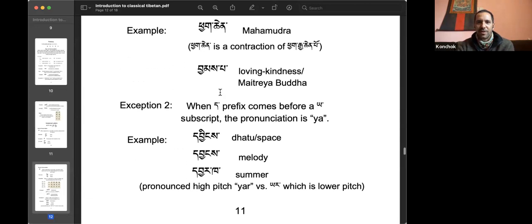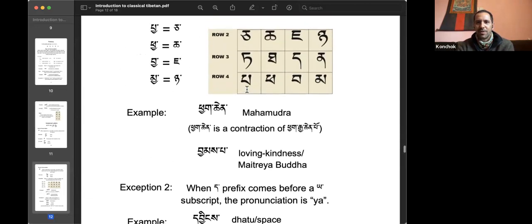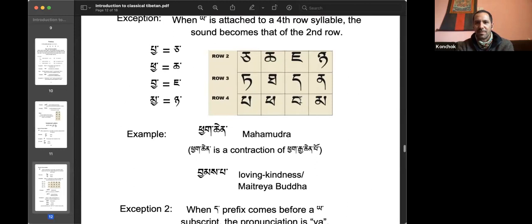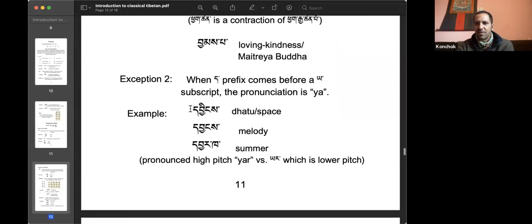Even though according to this rule this should be pronounced Ja, because this is a Ba with a yatak. It should be pronounced Ja, like this. The exception happens when there is a Dao. Is that clear?